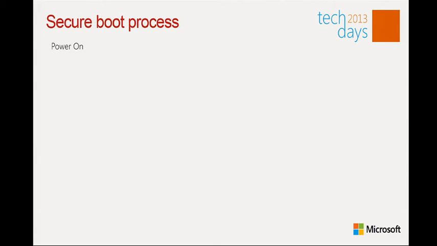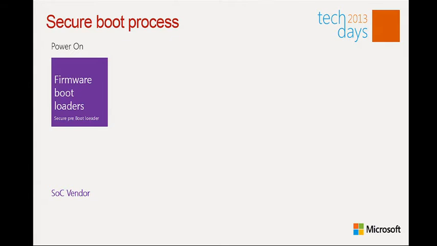Okay, let's start with the first step. You press the power button. The first thing to start on the phone is what we call the pre-boot loader. The pre-boot loader is provided by the SOC vendor, for Windows Phone it is Qualcomm, and the requirement from Microsoft for Windows Phone 8 is that the pre-boot loader must be signed and secure.